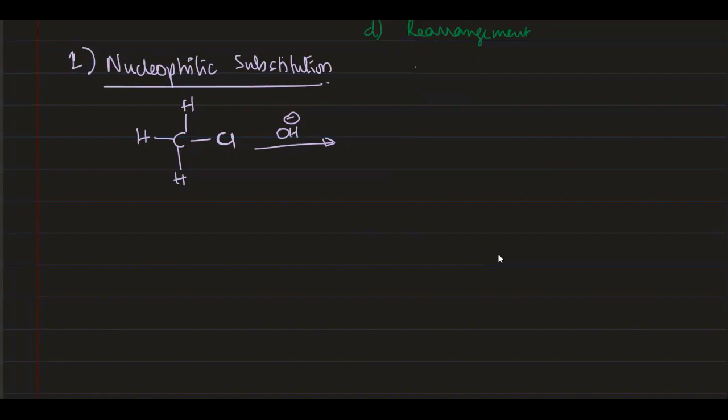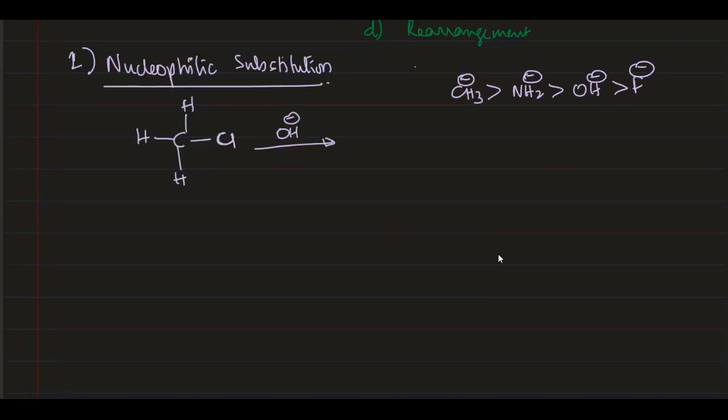In general, we should know the strength of nucleophile is like this. CH3 minus is the most powerful nucleophile in the second period. Then NH2 minus. Then we have OH minus. Then F minus.